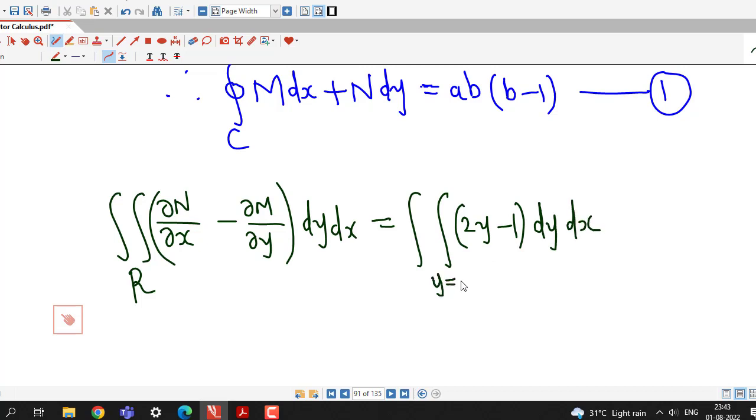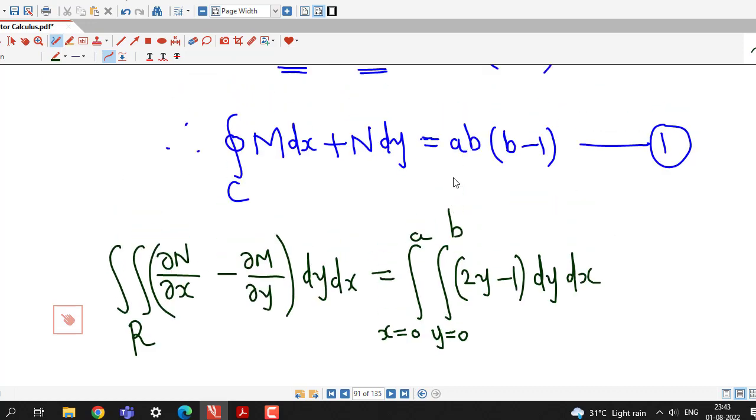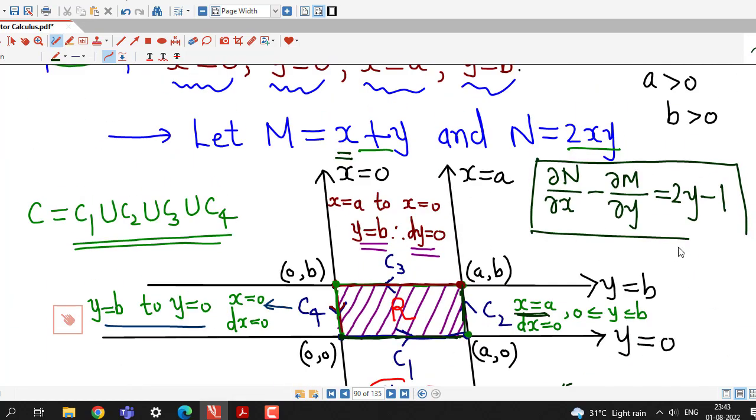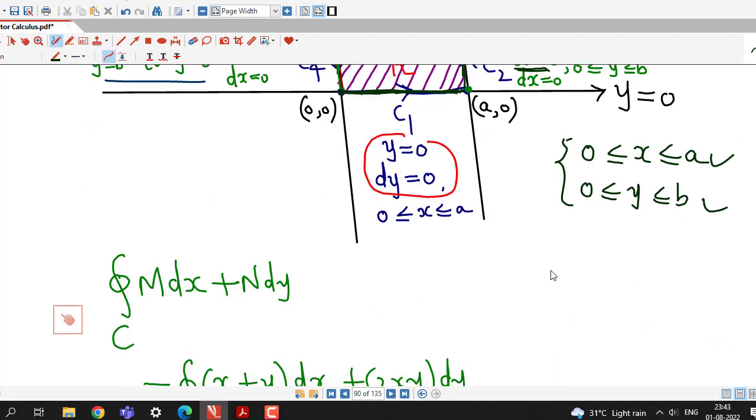Y has limits from 0 to b, x has limits from 0 to a. So we have substituted this value, del n by del x minus del m by del y equal to 2y minus 1, and along this rectangle x is from 0 to a, y is from 0 to b.